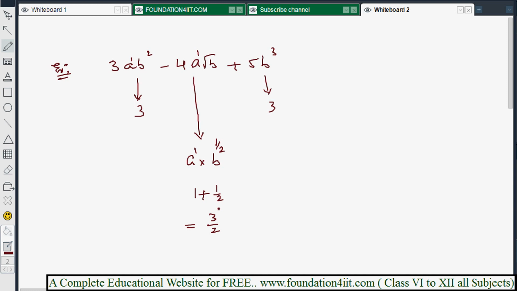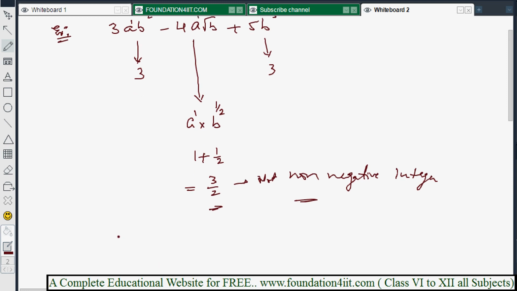It should have non-negative integral powers, as already explained. So this is an expression, but it's not a polynomial, as it contains a term whose sum is 3 by 2, which is not a non-negative integer. So this is not a polynomial. When it's not a polynomial, you can't find the degree for that. One more non-example I'll show you here: 4xy minus 3xy square plus 3x by y.